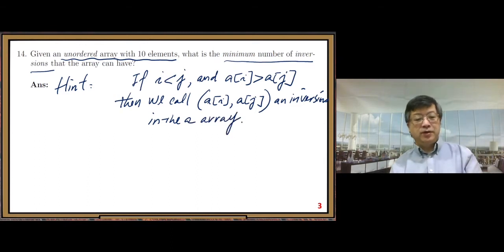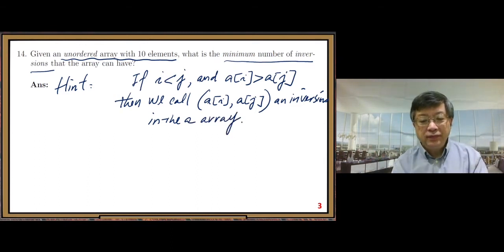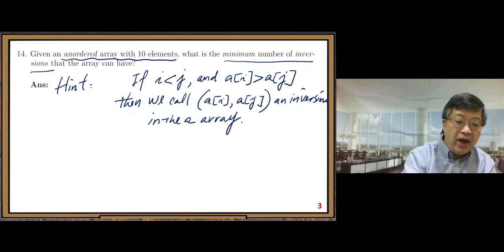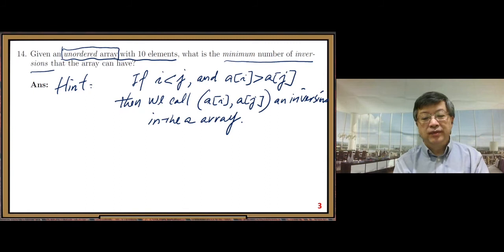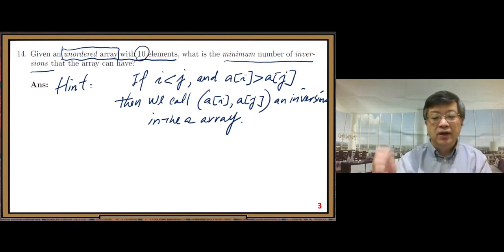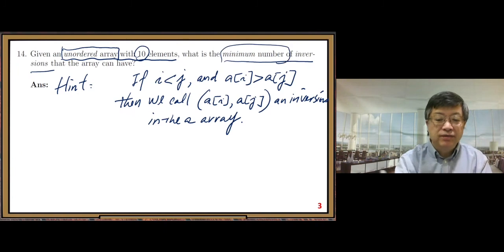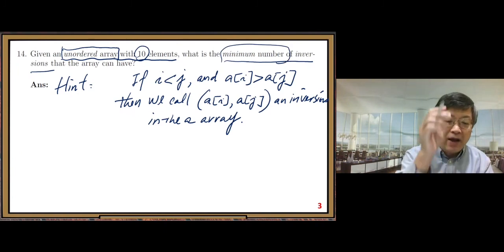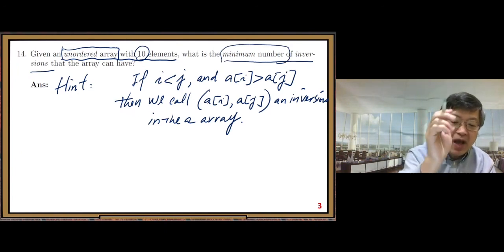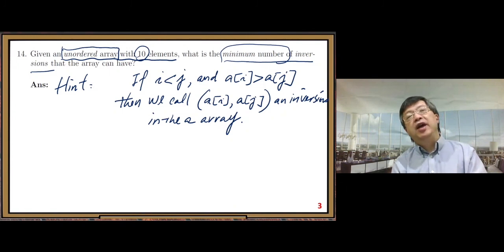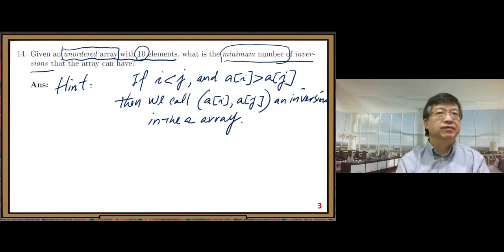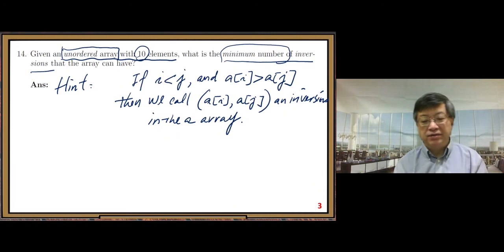Okay, so that's the definition. Now, given an unordered array with 10 elements, what is the minimum number of inversions that the array can possibly have? That's the question.